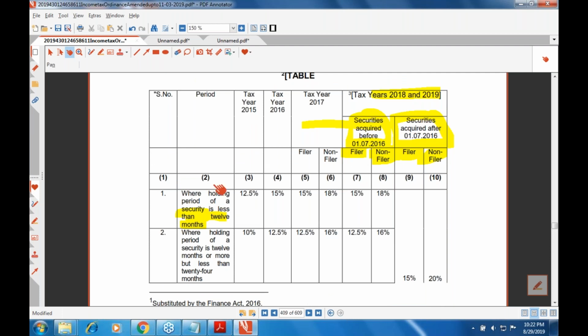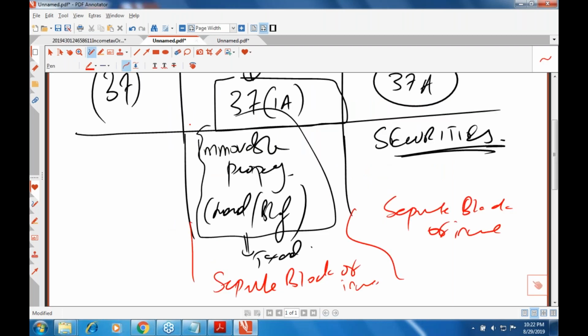Lastly, we have the third type of capital gain, and this is actually a residual capital gain. The securities are excluded, the immovable property is excluded. What are you left with now?